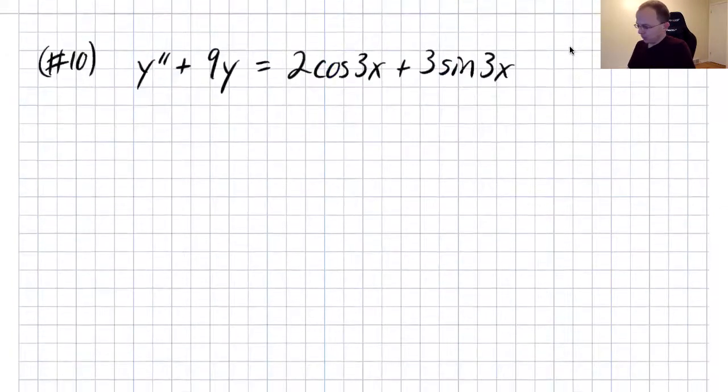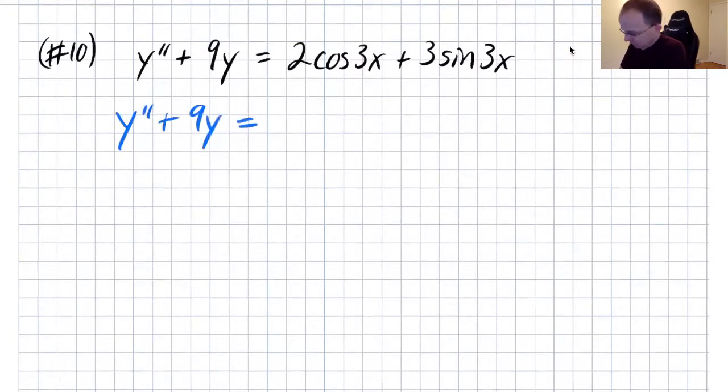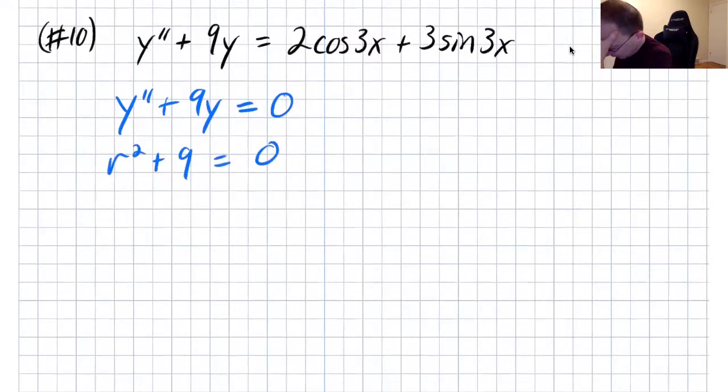So now let's look at this one, and this one is going to bring in that concern that we have when we end up with a function which is a solution of the homogeneous equation, and then we have to do something. So let's start by looking at the homogeneous equation. Write down the complementary solution. And then we get r is equal to plus or minus 3i.